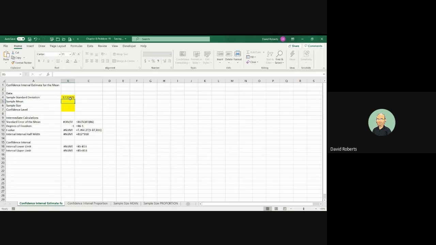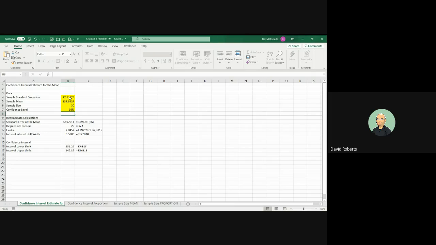That's the standard deviation, 138.8. The sample size is 30, and we have a 95% confidence interval. So these are, the data is in minutes.